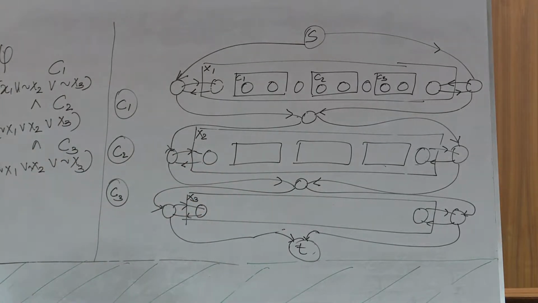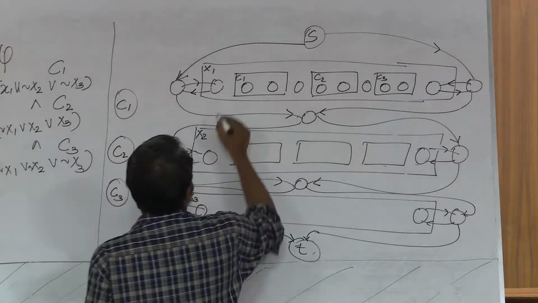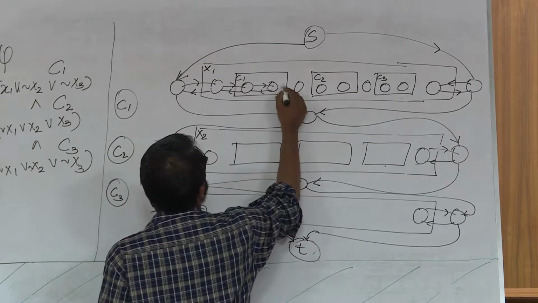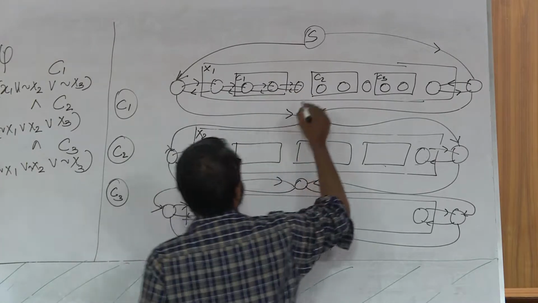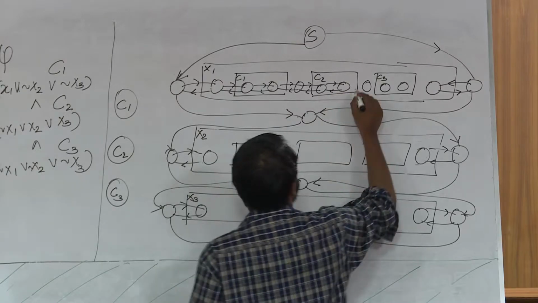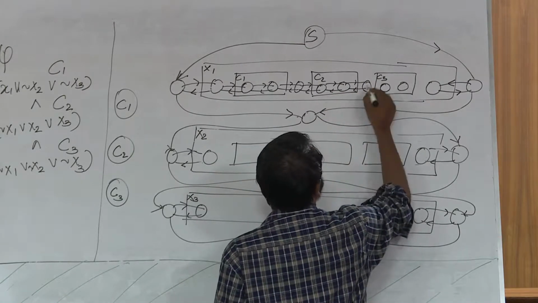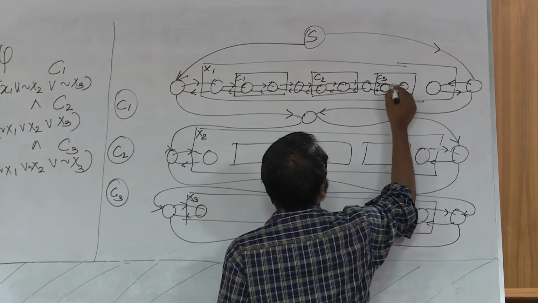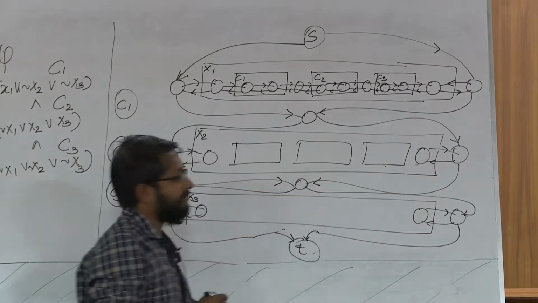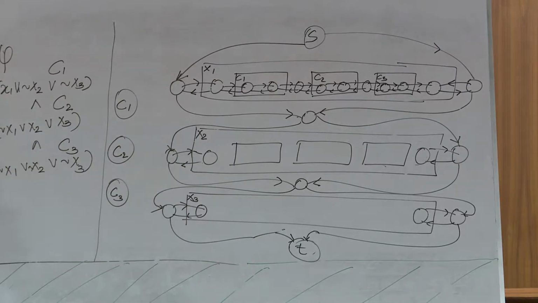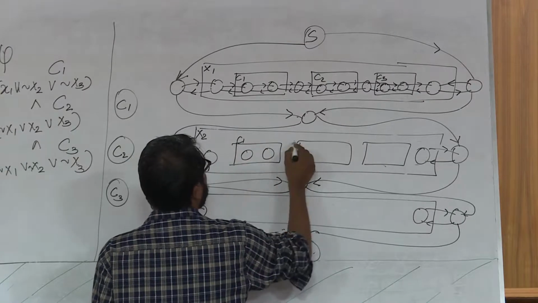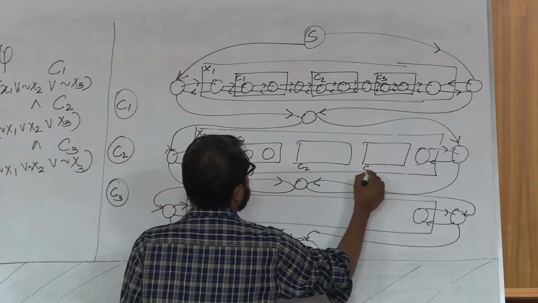Okay. And what am I going to do? I am going to put an edge this way, this way, this way. Again, nothing really deep is happening. Okay. We will do this here also. 2 vertices for C1, 2 vertices for C2, 2 vertices for C3.